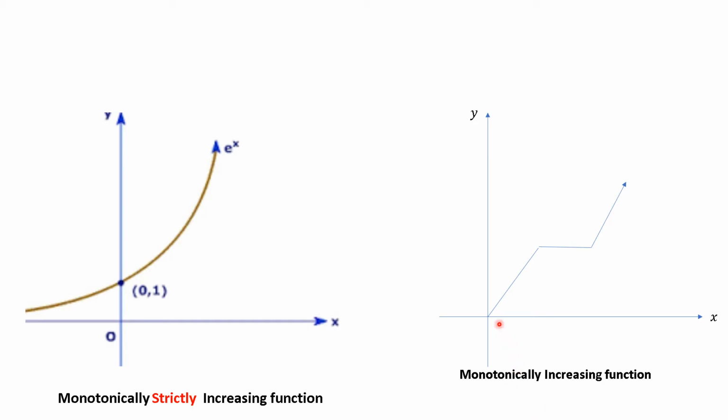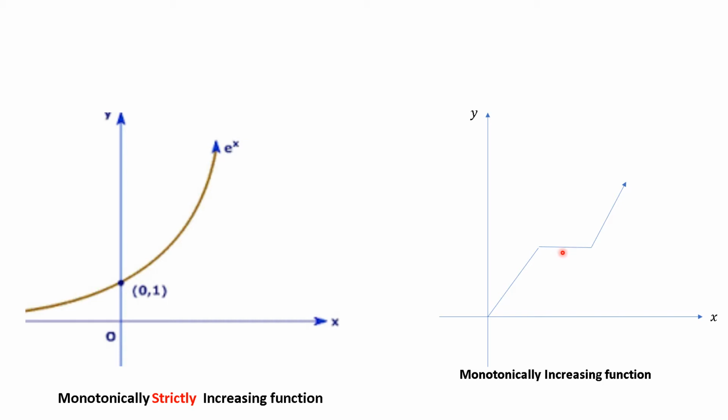Look at the second graph. As x goes on increasing, f of x is also increasing, isn't it? At this interval, f of x is stable but not decreasing. After that, again it is increasing. In this interval, the function is not decreasing but it is stable.